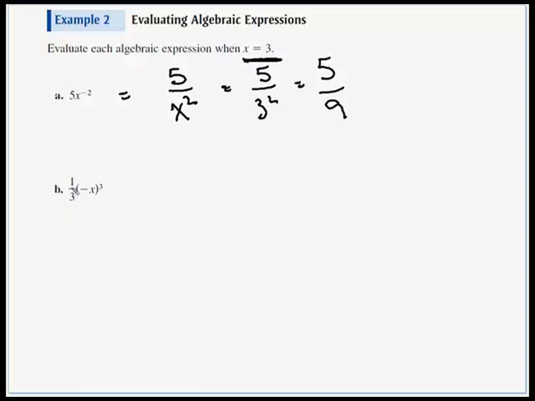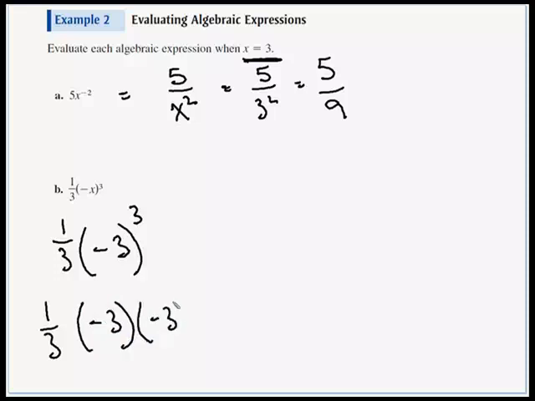Let's see, here we have 1/3 times the quantity, negative x to the 3rd. Well, let's plug in our x right away. 1/3, and then we have a negative, and then an x, and our x is 3 to the 3rd power. By order of operations, we should do the exponent first. So this is negative 3 to the 3rd. That's negative 3 times negative 3 times negative 3.